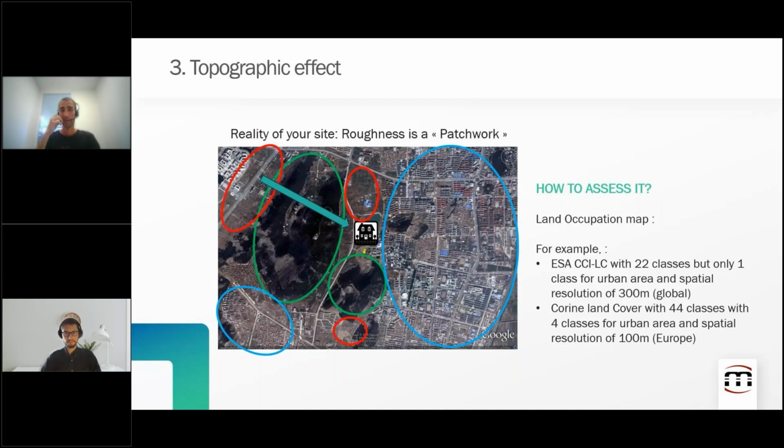I know there are many more programs around the world, but this is the most useful in our countries. Okay, so now I've got my land occupation map and I can convert it to numbers. Next question: how can I mix that information? This is the next slide.